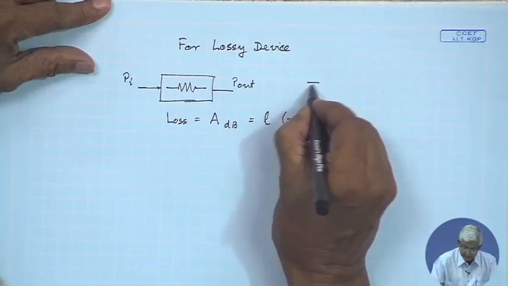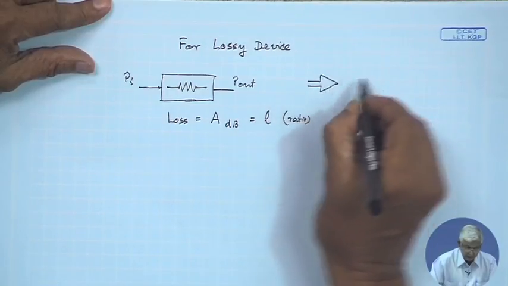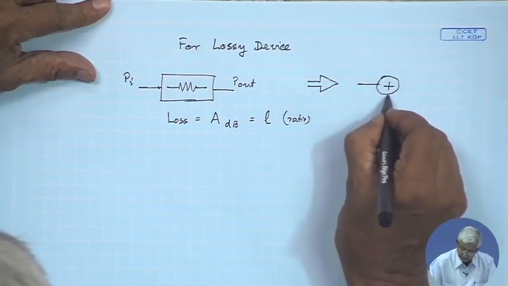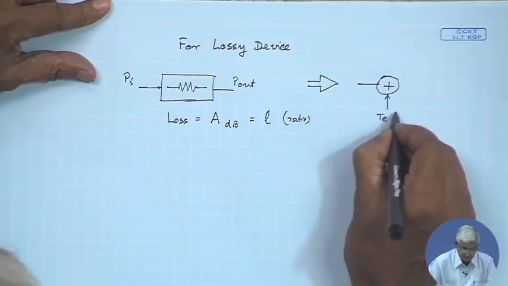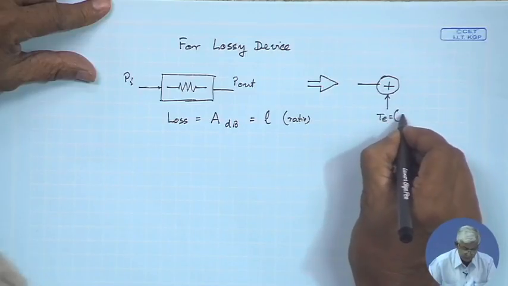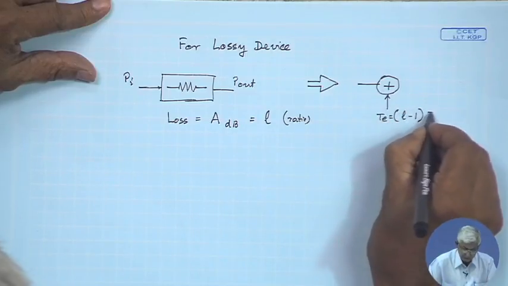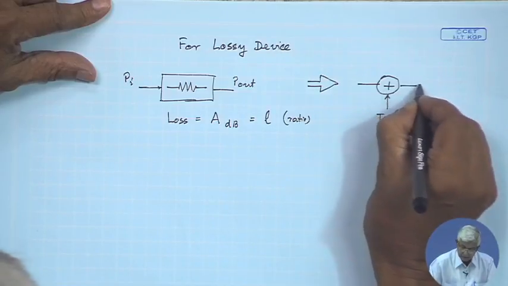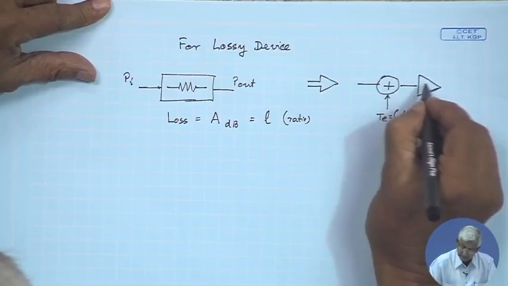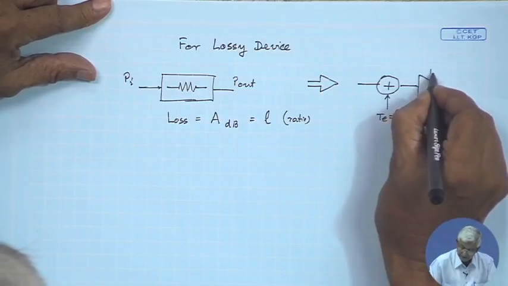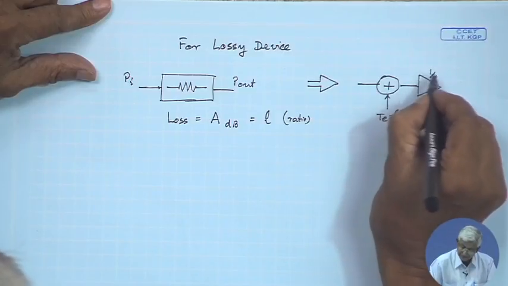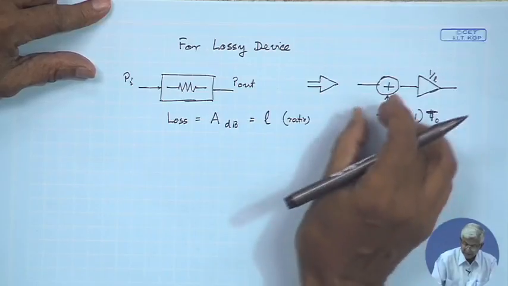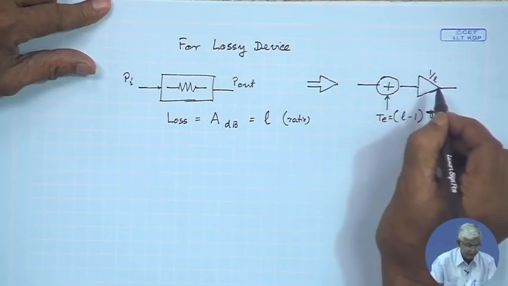Now, this can be equivalently drawn in a similar way. At the input, there is a Te which is equal to L minus 1 into T0, and I can call it an amplifier with a gain equal to 1 by L, as if the noise is generated at the input part, and this is a noiseless amplifier.